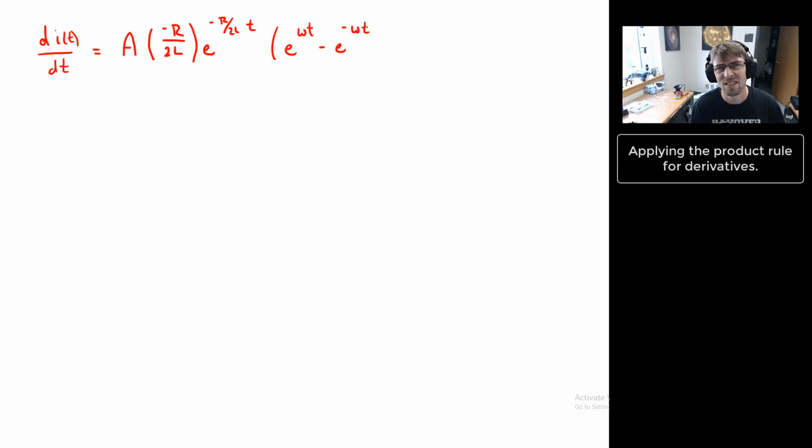Ugly. I'm product ruling it. And then we have plus A e to the negative R over 2L t times omega e to the omega t plus omega e to the minus omega t.